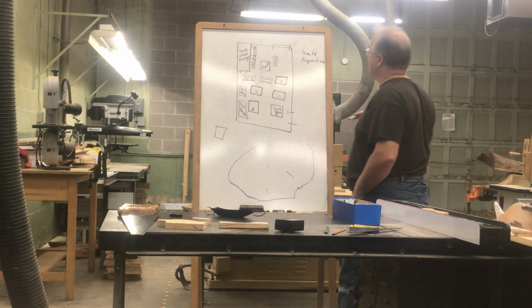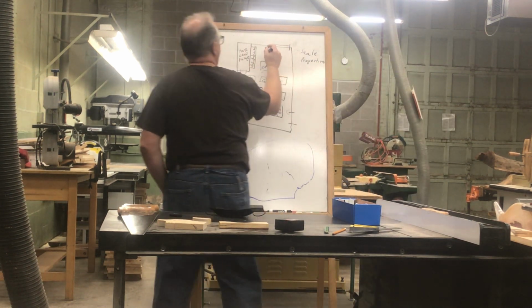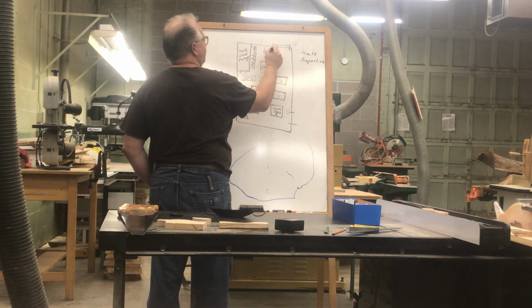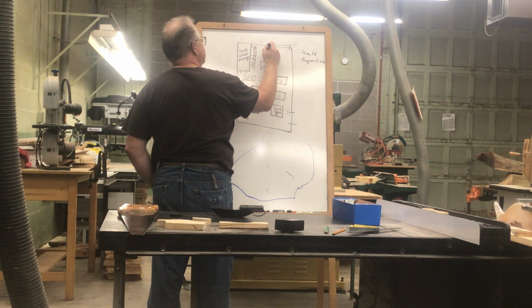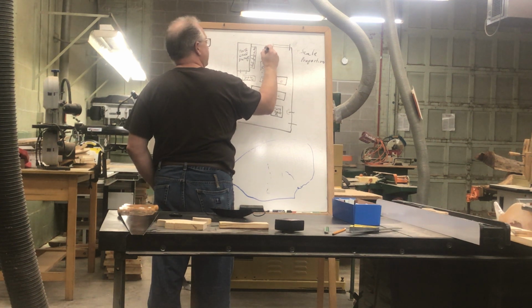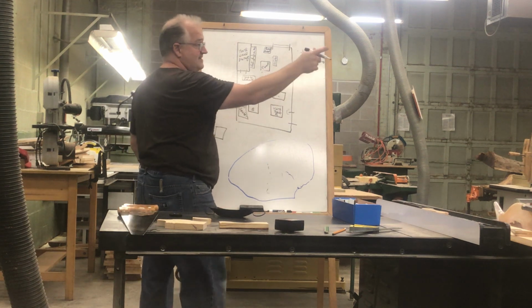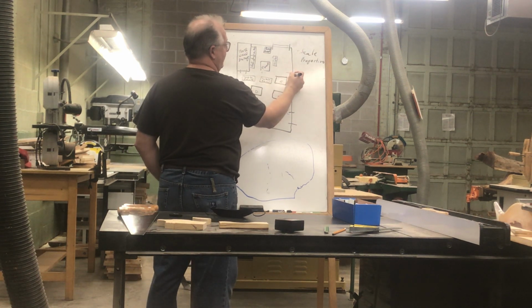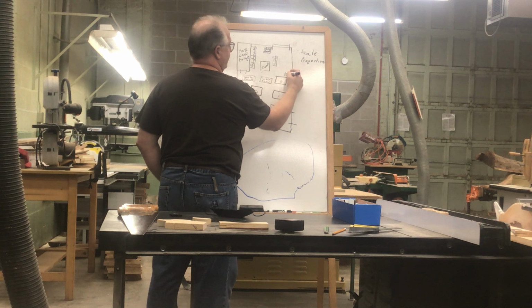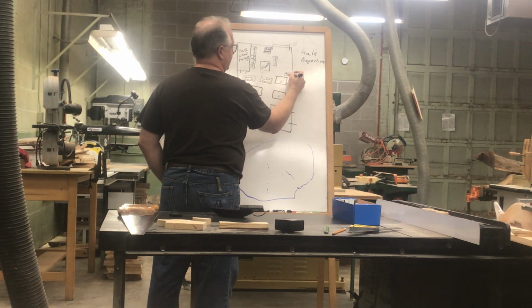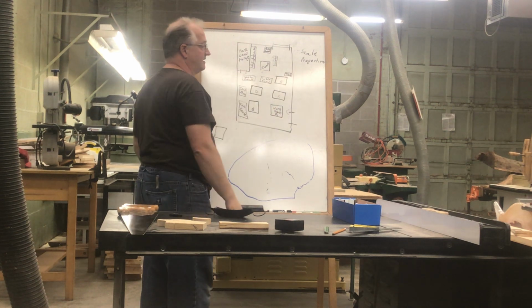In the back, kind of by the door, right in this area, we have another bandsaw. That's a bandsaw there. Over on this side of the room, about right here, is one of the smaller bandsaws. So I'm going to go ahead and put that in. So I got a smaller bandsaw right there.